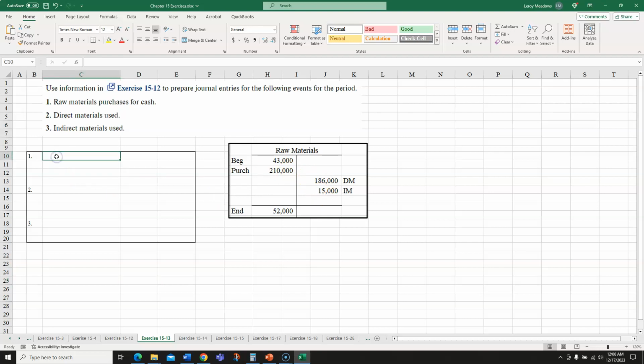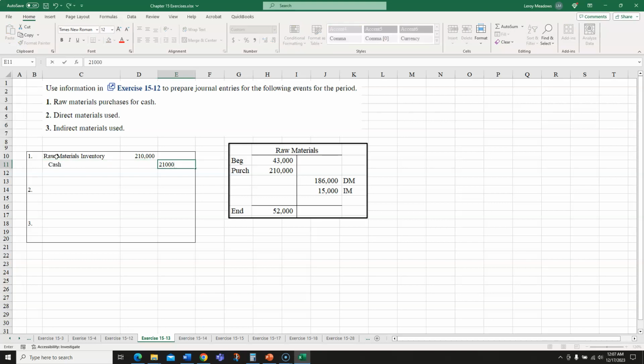When I make purchases, I'm going to debit raw materials inventory for the amount of the purchases, that $210,000. And we were told they were paid for with cash, so credit cash $210,000, and that's my journal entry.